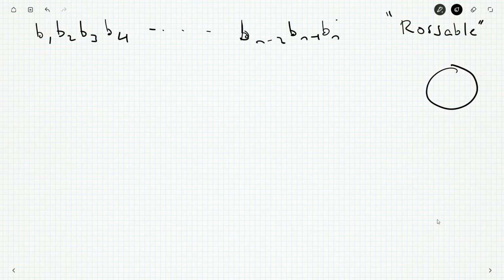Well, I don't want to, but let's see if we can explore with some cases. If Bn is 1, and Bn minus 1 is 0, B1 is 0.